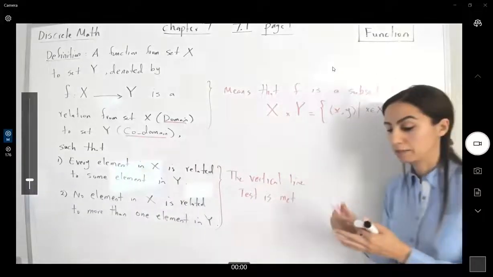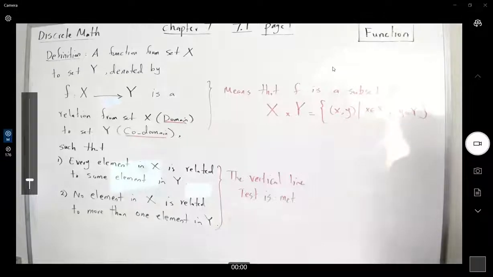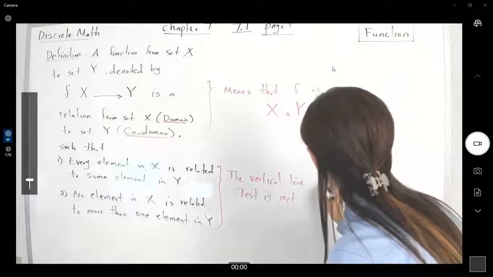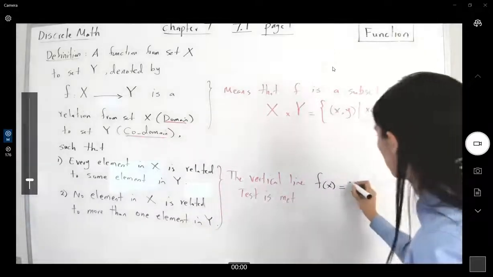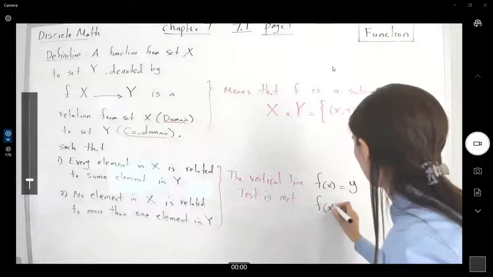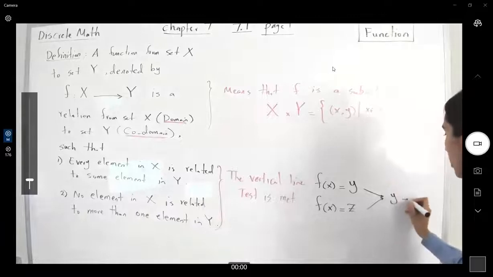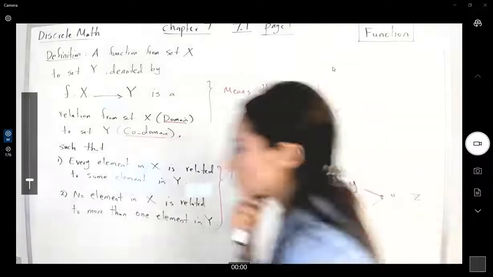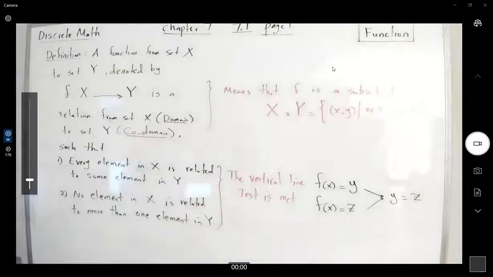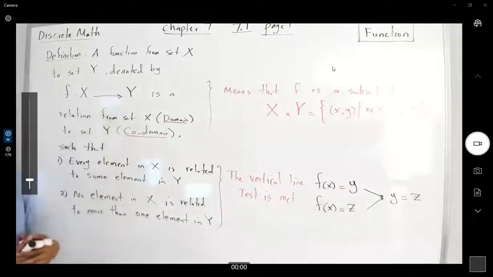Remember that the definition was like this: if you have f(x) equals y and f(x) equals z, then you can conclude that y and z are equal to each other. This is what we learned before about a function.